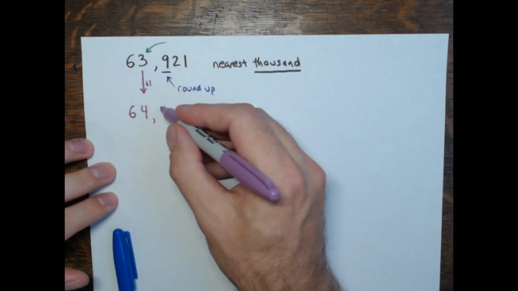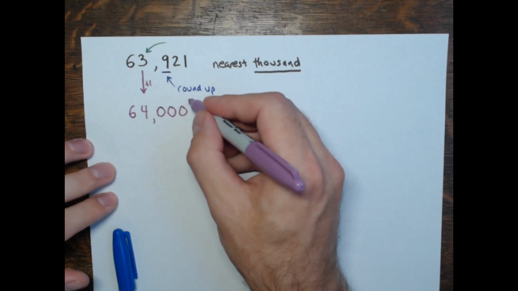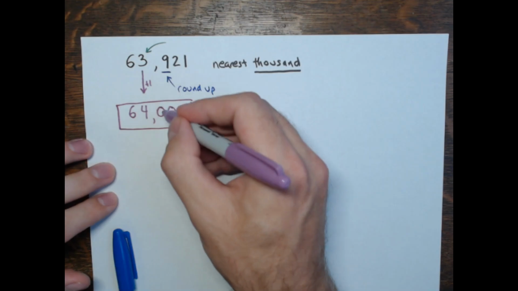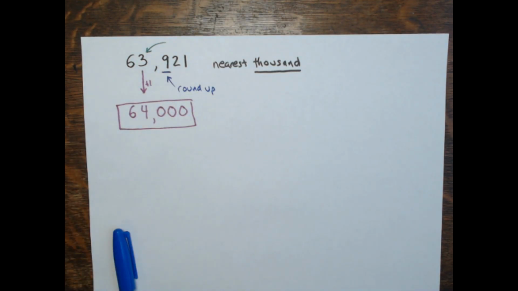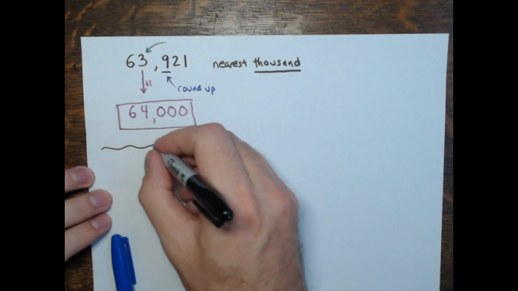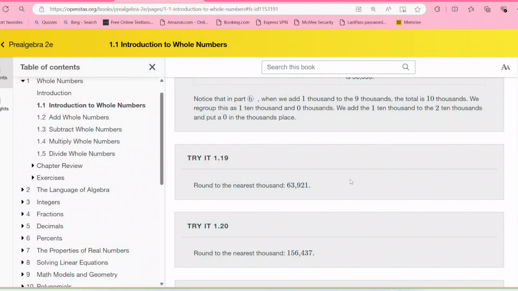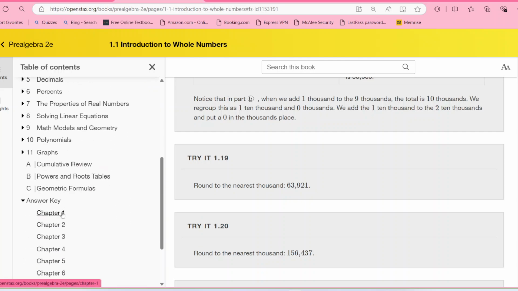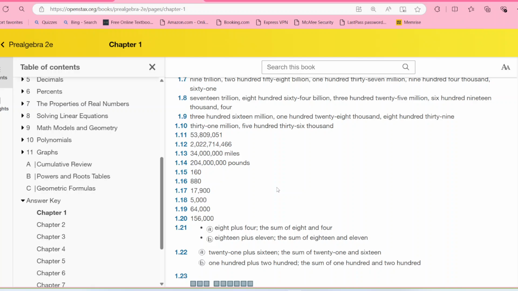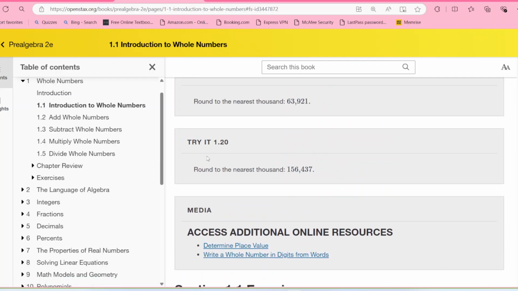So that's 64,000, with three zeros to the right. So like I said earlier, this is closer to 64,000 than it is to 63,000, right? So we round to 64,000. And let's double check that, even though I'm pretty certain we're correct. Yeah, Try It 1.19, 64,000. Fantastic.